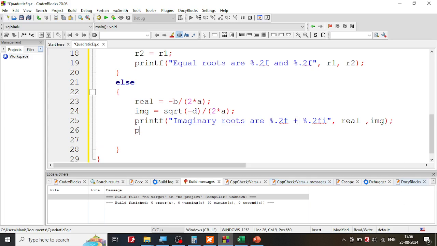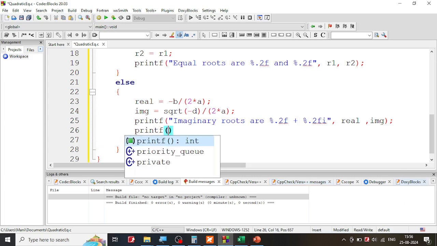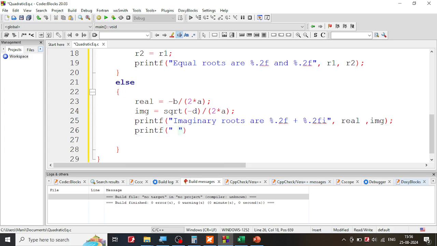So I'm going to write one more printf here, and I'm going to put one extra space here. Look at that, I'm putting one extra space, otherwise they will touch each other. Then one space, and after that I'm going to write percentage point to f minus percentage point to f.